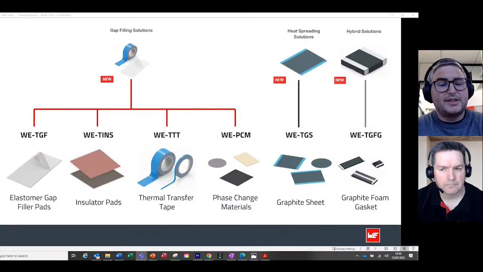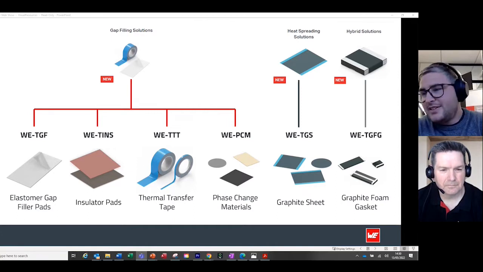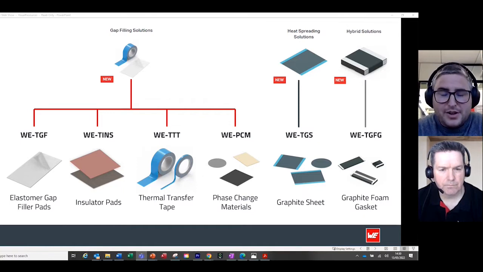Mainly gap filling solutions. This is what everyone is used to for the last 50 or so years, these silicon elastomer pads like the TGF, these insulator pads that we've also pretty much seen in all transistor applications.